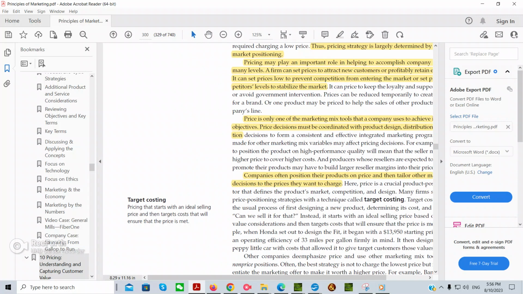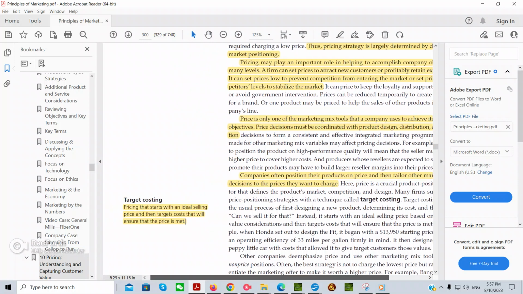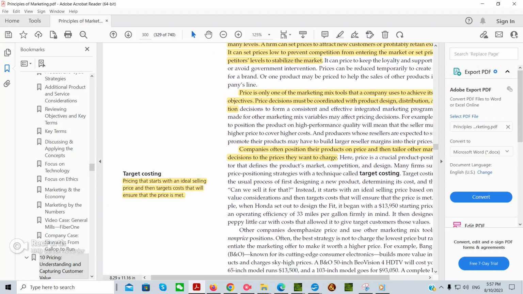Now, for the purpose of definition, target costing is pricing that starts with an ideal selling price, then targets costs that will ensure that the price is met. Obviously, your pricing has to be at least as much as or more than the cost to you to provide the product or service.